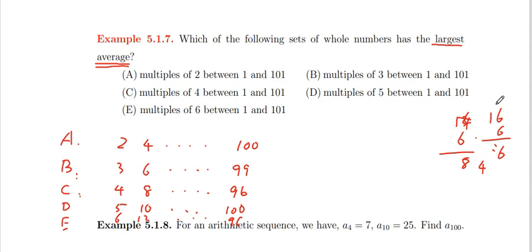For A, we can take 2 outside, so 1, 2, up to 50. We have 50 of them. For those 50 numbers, the average is the middle one, so the 25th and 26th. So that's 25 plus 26 over 2, which is just 51 times 2, 101.